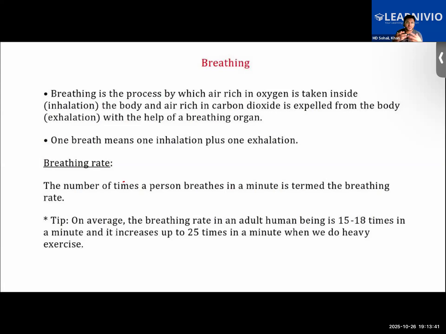This entire mechanism is to help you get oxygen rich air and get rid of the carbon dioxide present in your body. Expel means removed. It is expelled from the body in the process called exhalation with the help of a breathing organ. In the case of humans, it is the lungs.